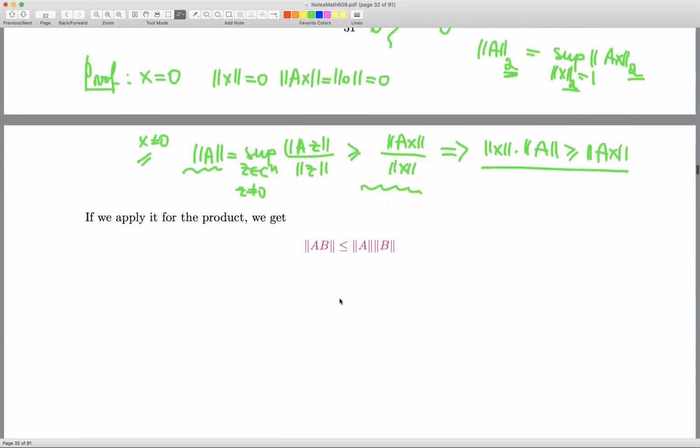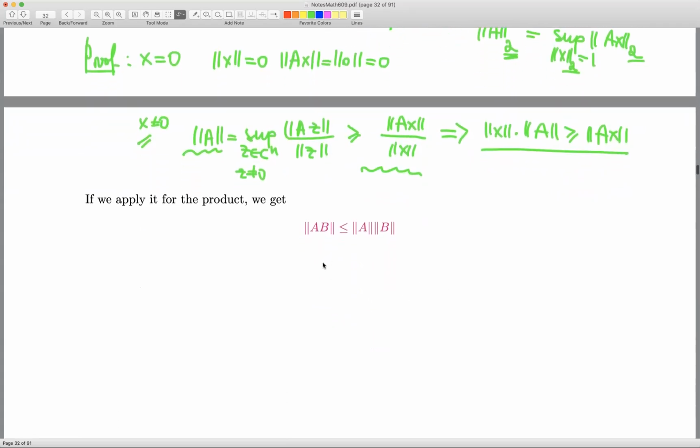Another important inequality is that if we look at two matrices, and at the matrix norm induced by a vector norm, then the norm of AB is less than or equal to the norm of A times the norm of B. And why is this?